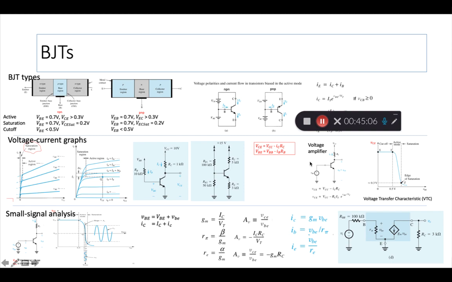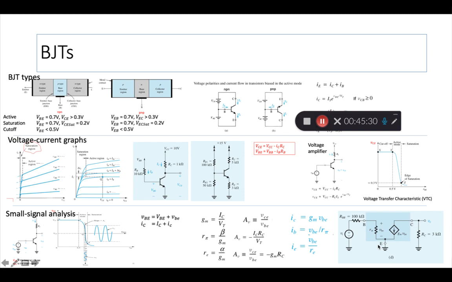So r_pi is looking from the base side and r_e is looking from the emitter side. So these are the relationships. They connect alpha, g_m to r_pi and r_e, and so you should become familiar with what these are and how they are used here, okay, in the small signal model.